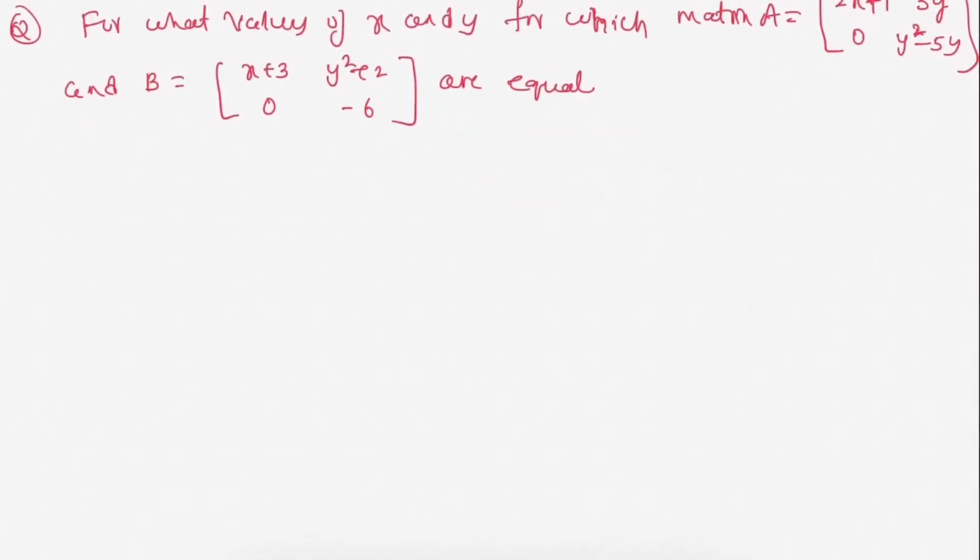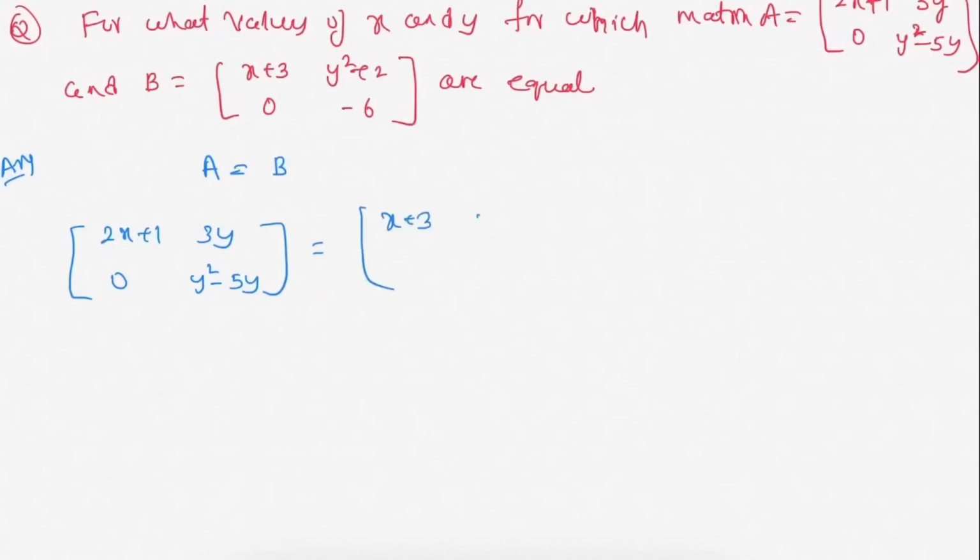They are asking you to find the values of x and y if matrices A and B are equal. So let's make A equal to B. Two matrices are equal means their corresponding elements should be equal.